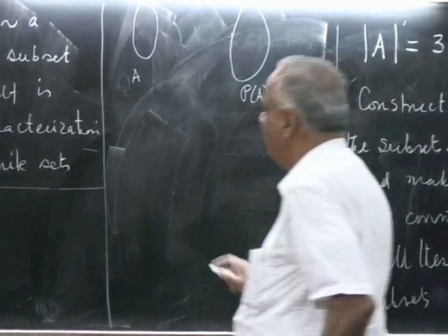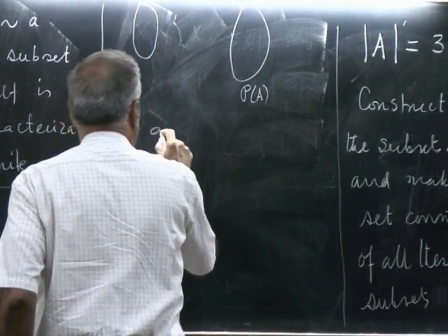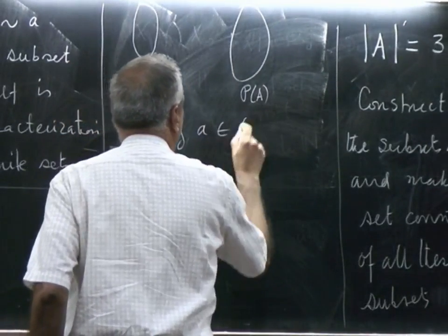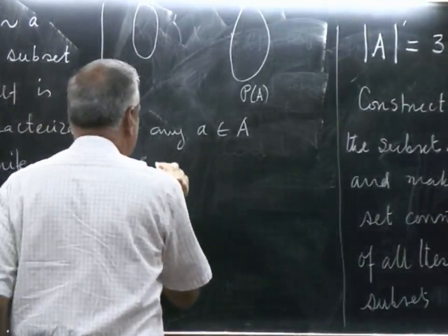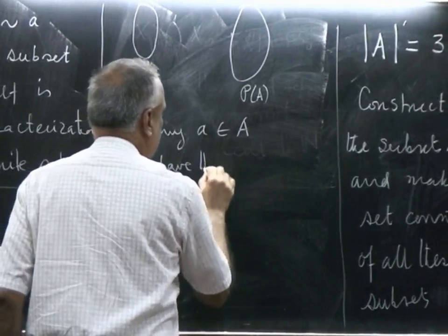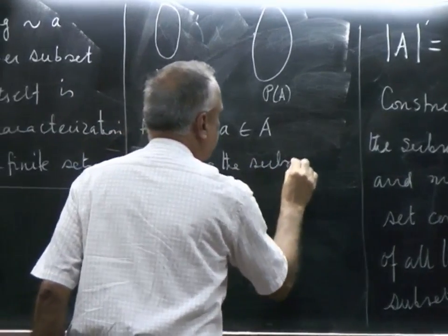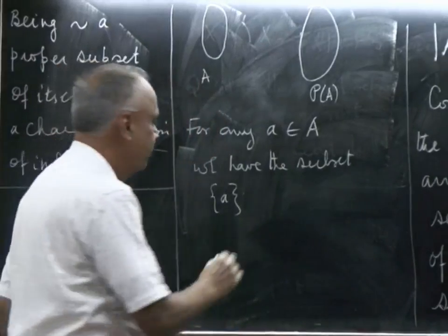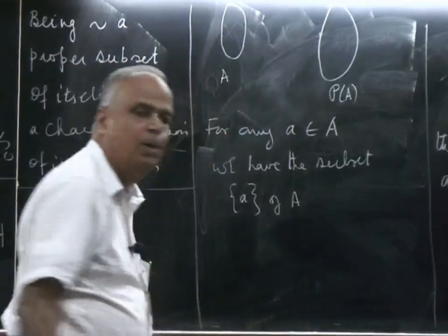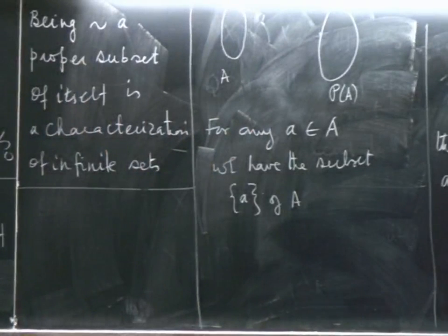So for any element a in A, we have the subset consisting of only that element. Okay. So corresponding to every element in A, we have the corresponding singleton subset.